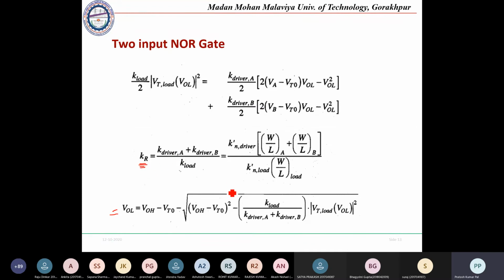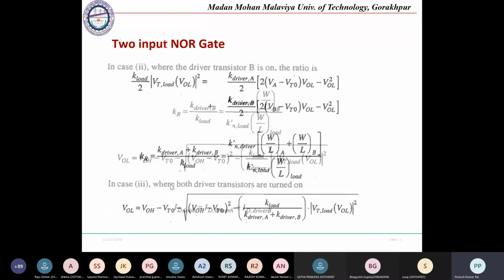This Kr value will be given by the sum of the transconductance parameters of A plus the transconductance parameters of the B transistor. It will be in terms of the W/L ratio, so the W/L ratios of A and B will be added together, and we will be getting this as the Kr value. This Kr value will be replaced, and all other terms will be similar in both the cases.